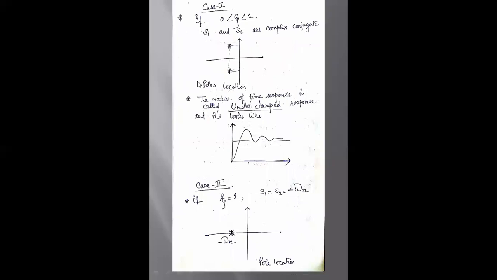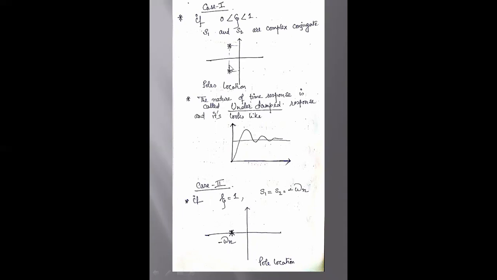Depending upon the value of zeta, we obtain the pole location of the system. If the zeta value lies between 0 and 1, the pole locations s1 and s2 are complex conjugates.